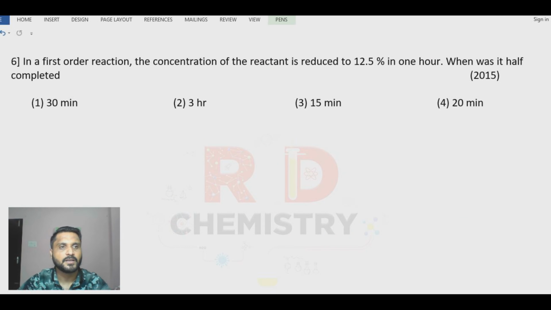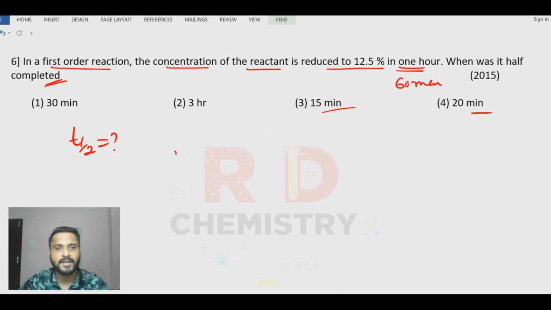Question number 6. In the first order reaction, concentration of the reactant is reduced to 12.5 in 1 hour. So let me take it as 60 minutes because answer given in terms of minutes. When was its half life completed? That means you are supposed to calculate what is the half life of this reaction. So if we take this starting 100 percentage, we don't know the half life, let it be T half.